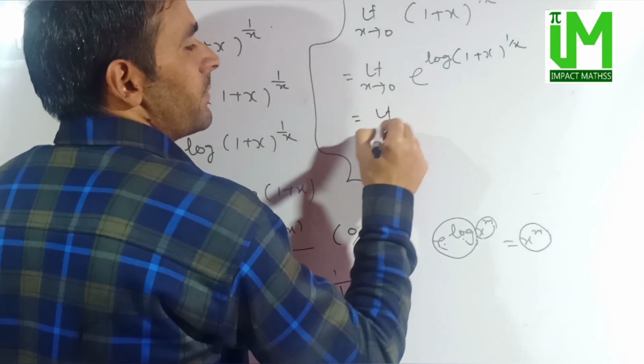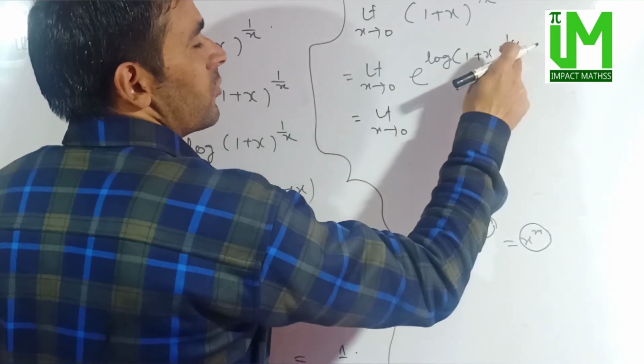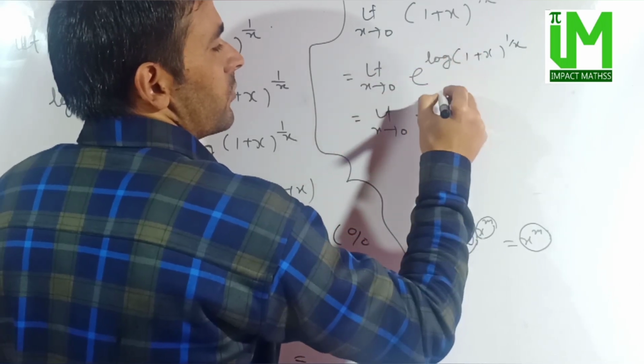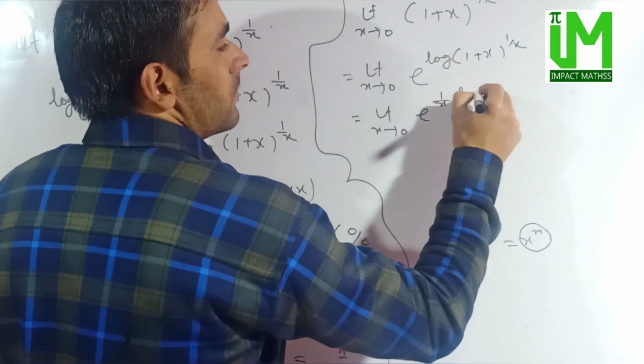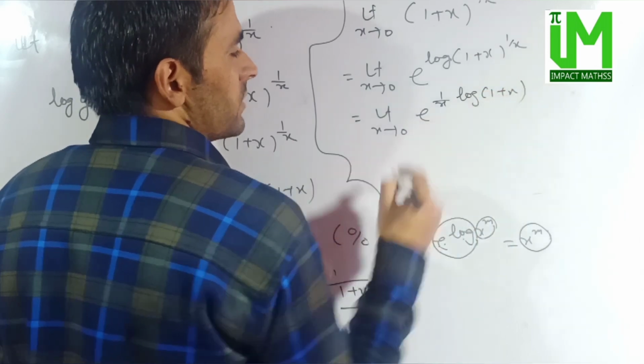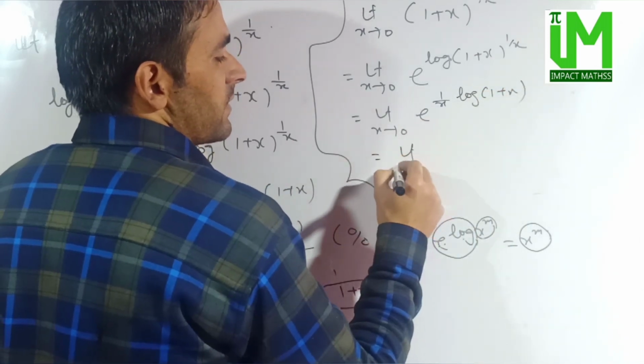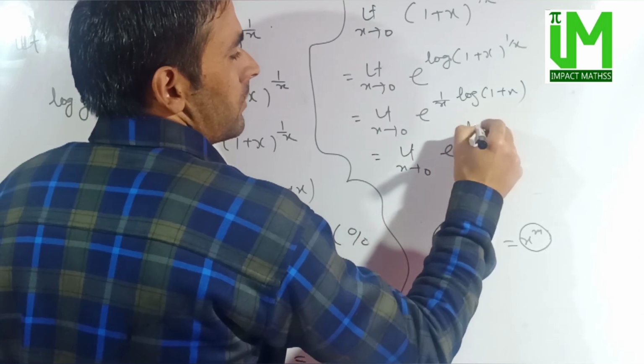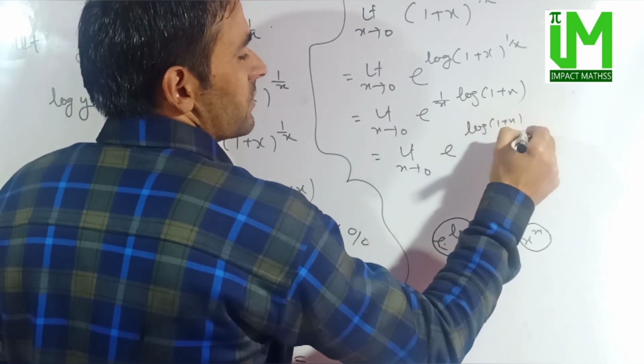So it will be limit x approaches 0, or 1 by x multiply. So it will be e to the power 1 by x log of 1 plus x, which will be limit x approaches 0, e raised to power log of (1 plus x) divided by x.